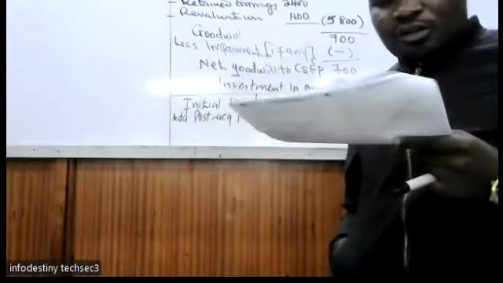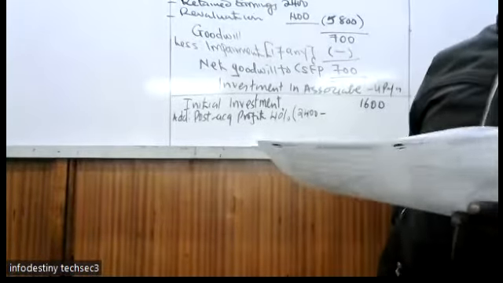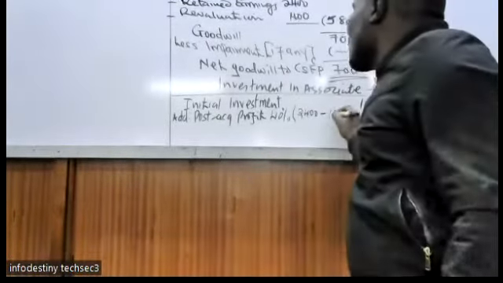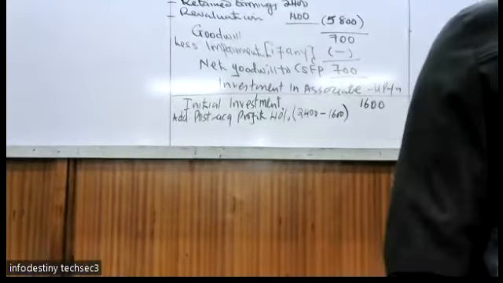Revenue reserve of UPIA is how much? 24. When they were acquired, what was their profit? The post should be the closing minus by that time. It was 16, isn't it? Yes, 16. So get the difference, then you take 40%, you give the parents.